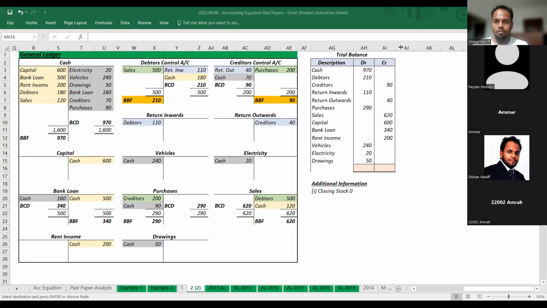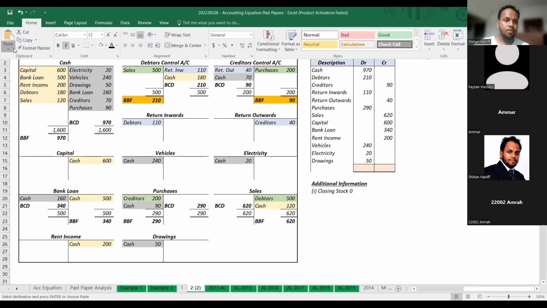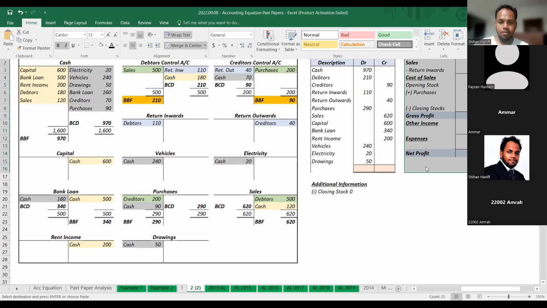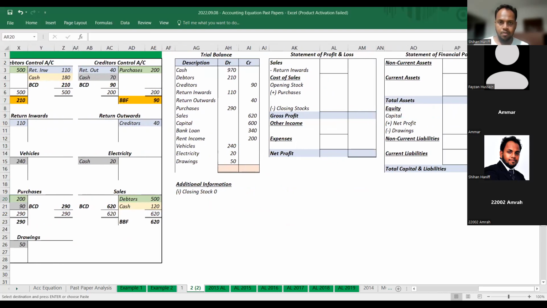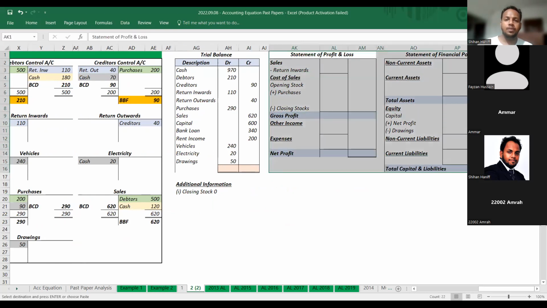Okay, so can you draw this? Statement of profit and loss and statement of financial position.